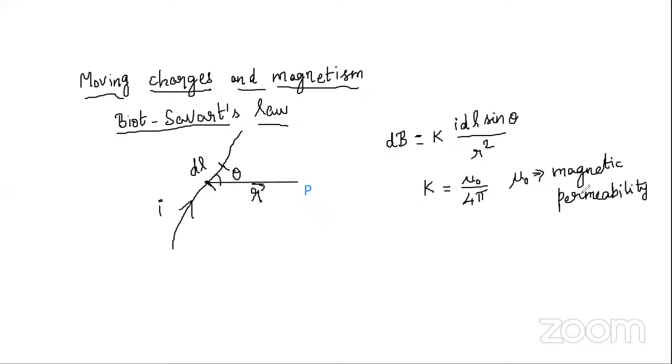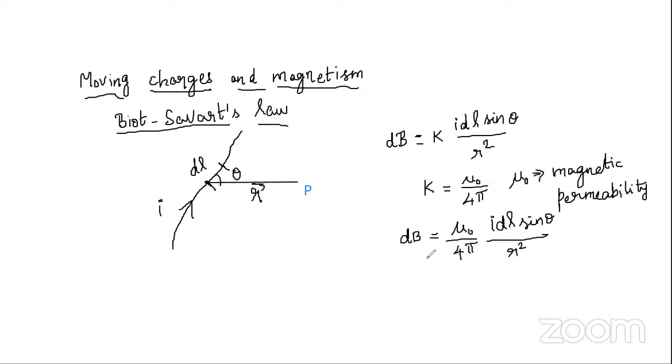But when you keep this current element in any other medium, this mu naught is replaced by mu. So dB is equal to mu naught by 4 pi into I dl sine theta divided by r square. So this is the magnetic field due to Biot-Savart law.